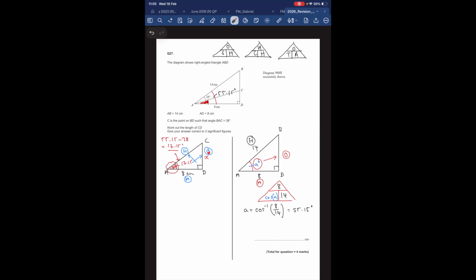I want to calculate the opposite. So A and O is what I'm looking for in my formula triangle. The only formula triangle that contains the O and the A is the tan, so that's the one I'm going to be using.